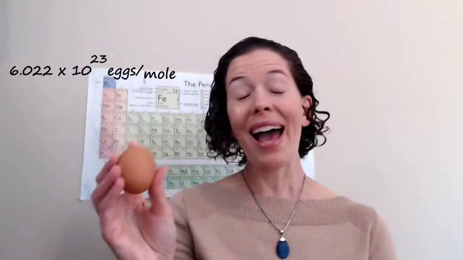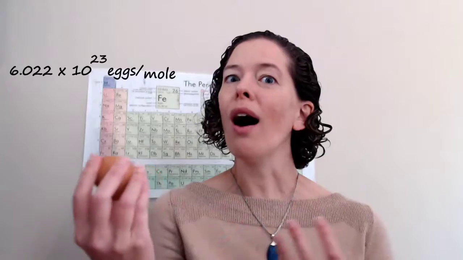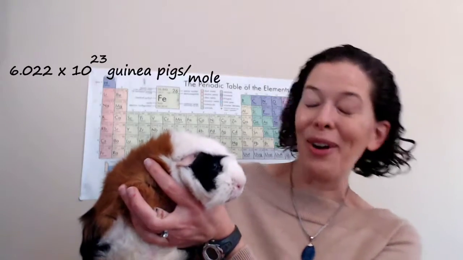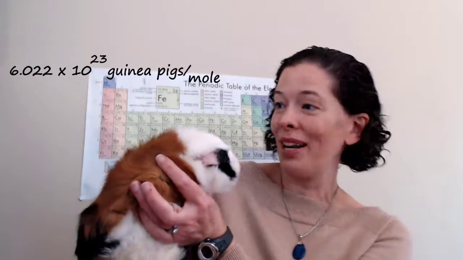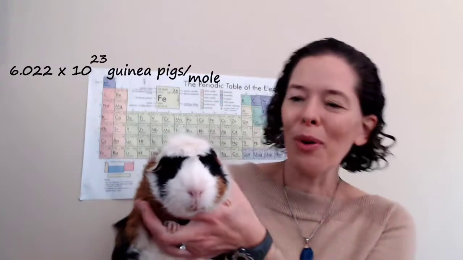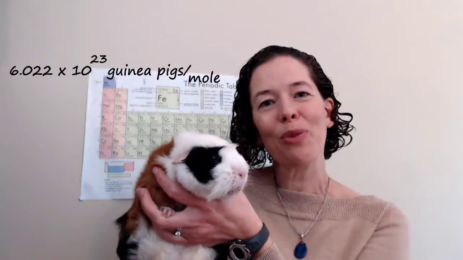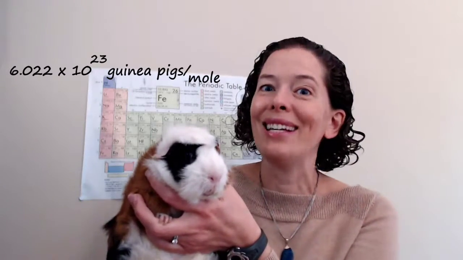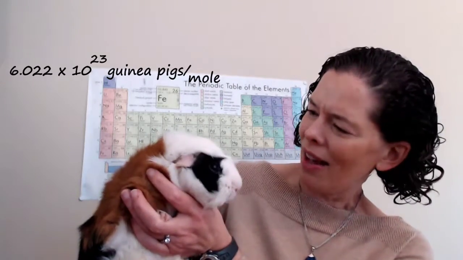But what if instead of eggs, I asked you to bring me a mole of guinea pig? That would be cuteness overload, wouldn't it? Yes, it would. So you would bring me 6.022 times 10 to the 23rd guinea pigs, and that would be a total mass of 5.3 times 10 to the 26th grams. That is a lot of guinea pig.